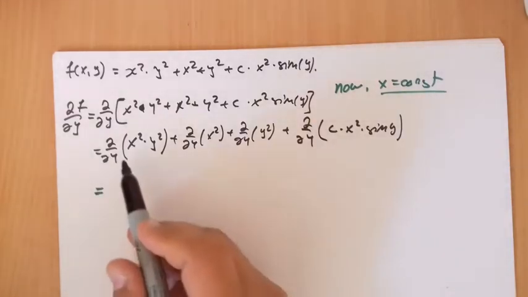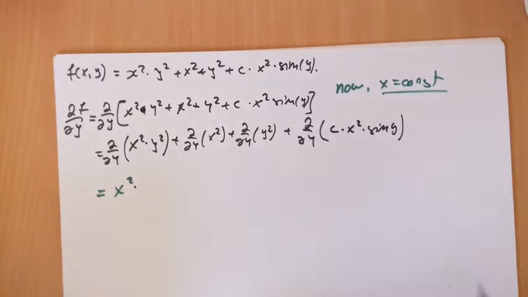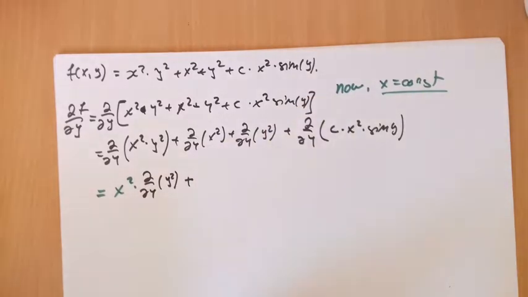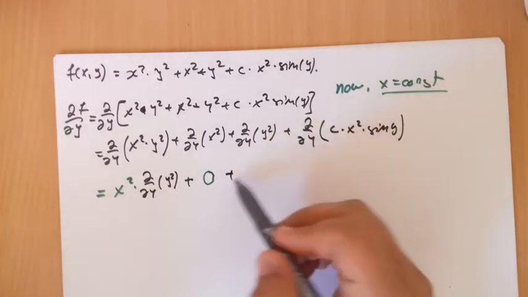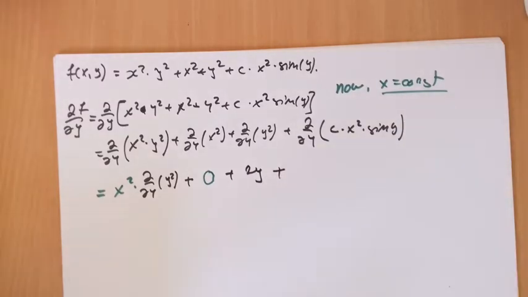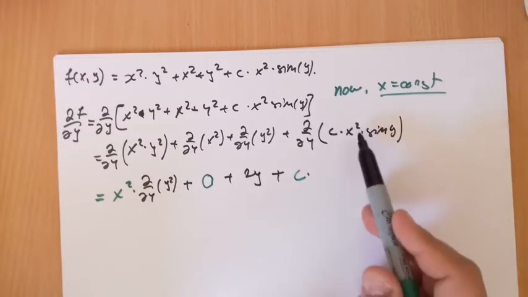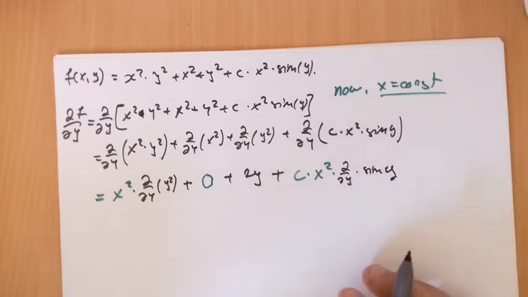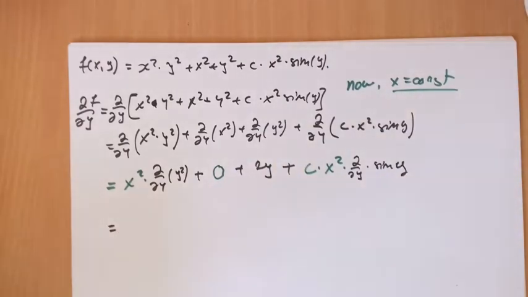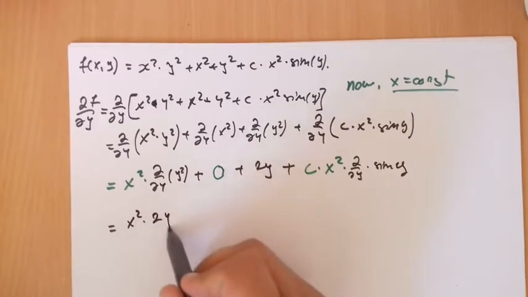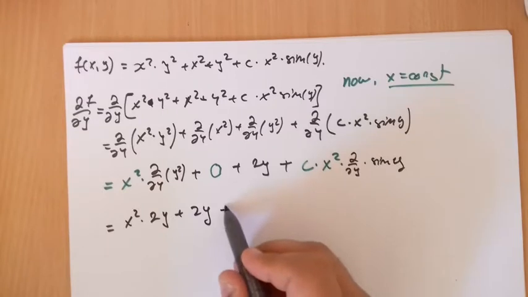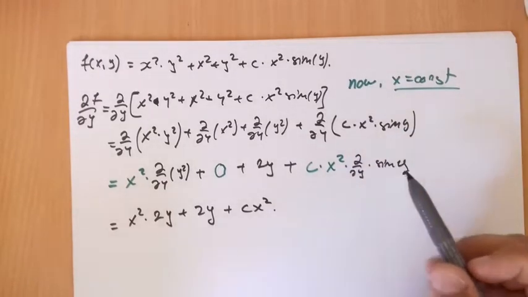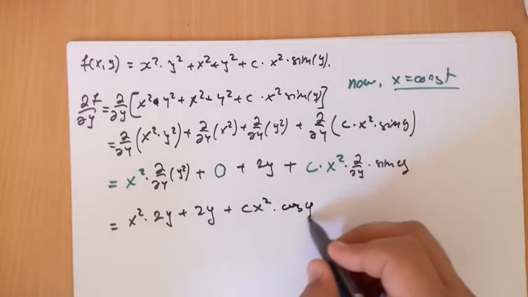So we have x squared times partial of y squared, plus the constant, which is 0, plus 2y plus, the constant here is c times x squared, so we have to take partial of y times sine of y, which is x squared times 2y plus 2y plus c x squared times the derivative of sine of y with respect to y, which is the cosine of y.